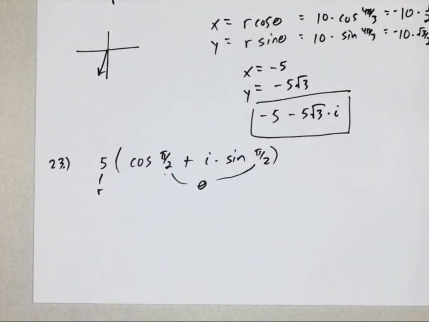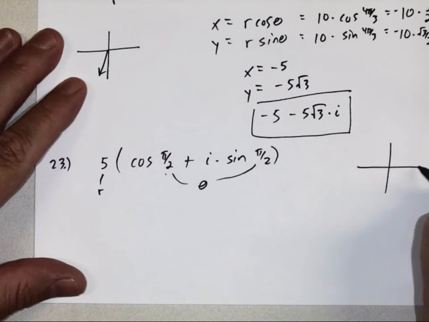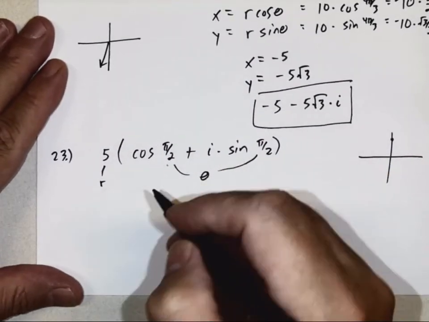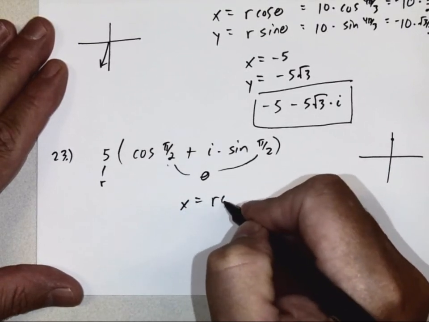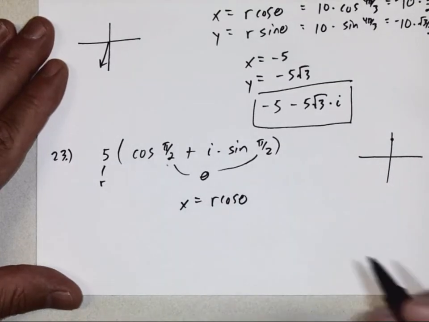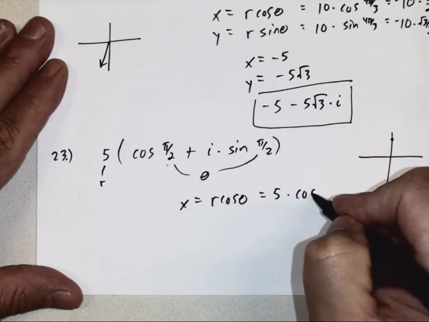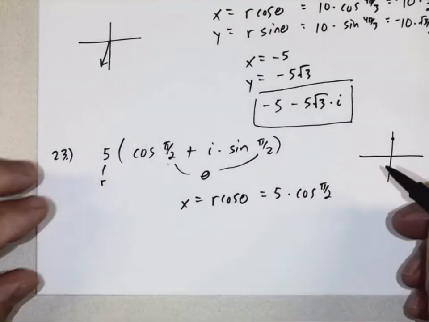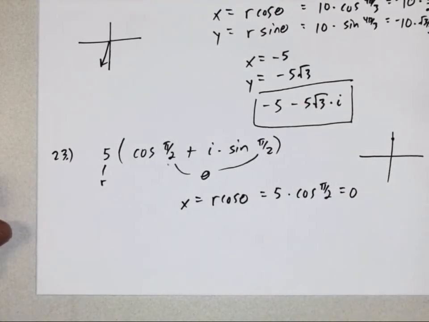It's like theta is pi over 2. If we plot this real quick, pi over 2 is right here, and 5, so this point's right about here. So now, to do the actual math, x is r cosine theta, r is 5, cosine pi over 2. What's the cosine of pi over 2? It's actually 0. 0 times 5 is 0. So actually x is 0.